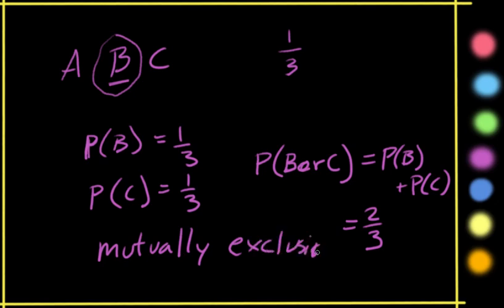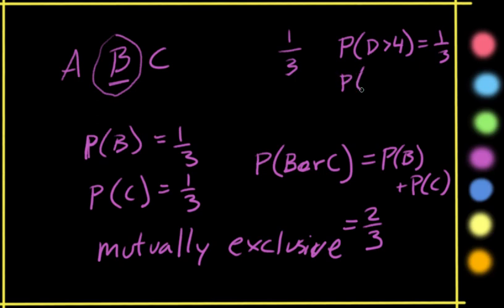So let me give you an example. If you roll a die, you can get a 3 or you can get a 4. You can't get a 3 and a 4 at the same time when you roll a die. So those are mutually exclusive events. But if you said, for example, the probability of your die roll being greater than 4 is going to be 1/3 because only 5 and 6 are greater than 4.